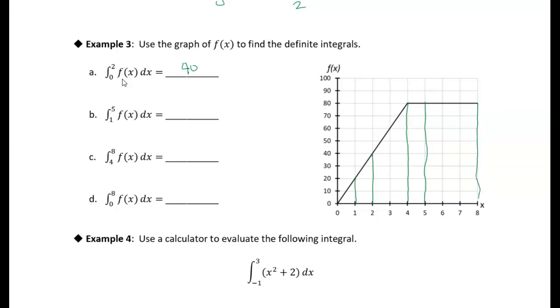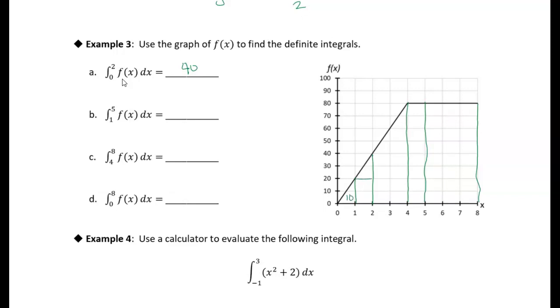So what I could do is find the areas of each one of these slices and then add up the areas that I need to find my integral. So this area right here from 0 to 1, it's 1 unit wide and 20 units high, but it's a triangle, right?